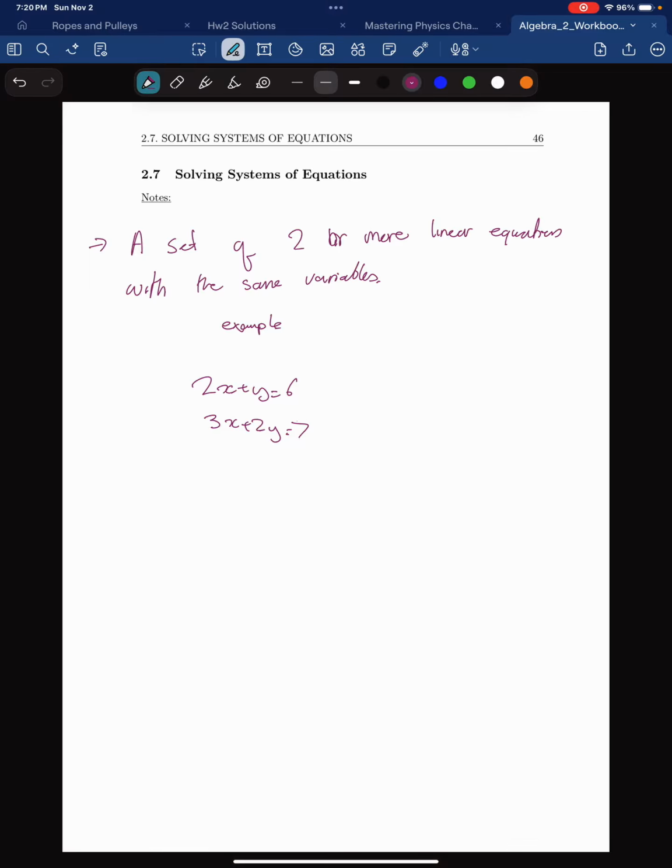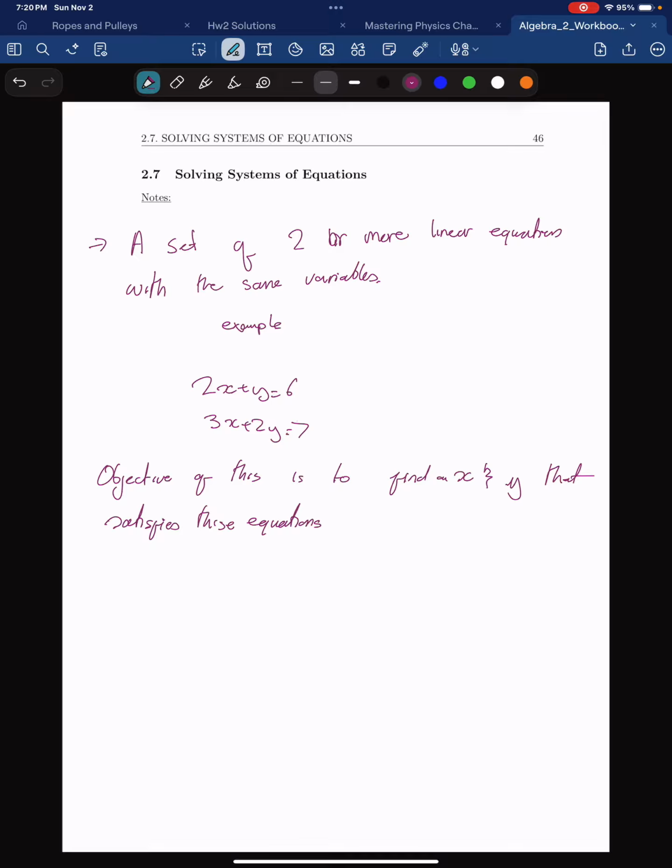The objective of this is to find x and y. All right, x and y. To find an x and y that satisfies these equations.